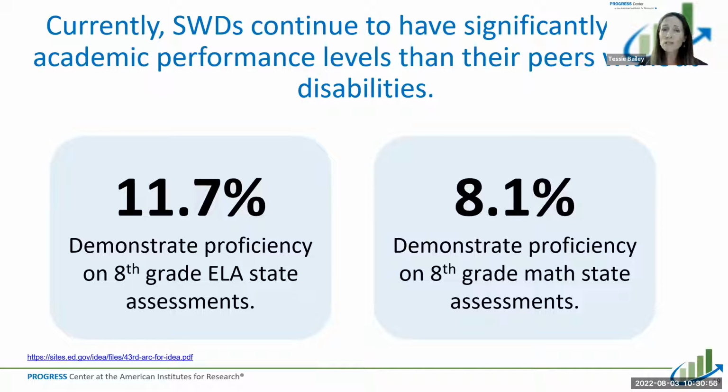And this is really concerning because our assumption around providing special education, or IDEA, was to ensure that every student with a disability had the same opportunities for success as their peers without disabilities. In other words, they were not benefiting from the core programming alone the same as their peers, and as a result needed special education, right?